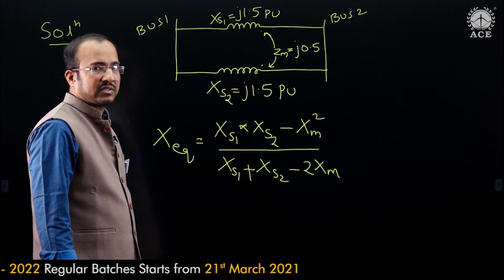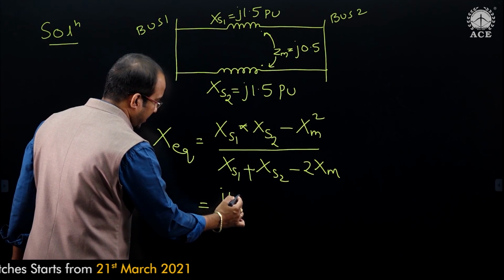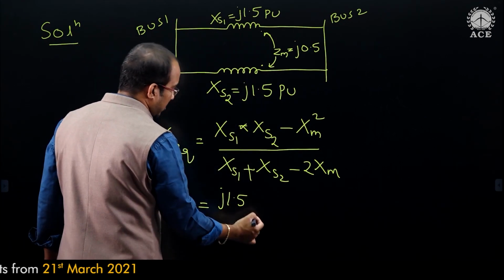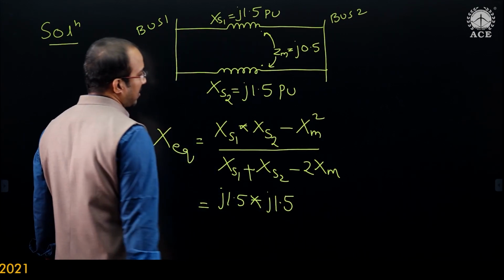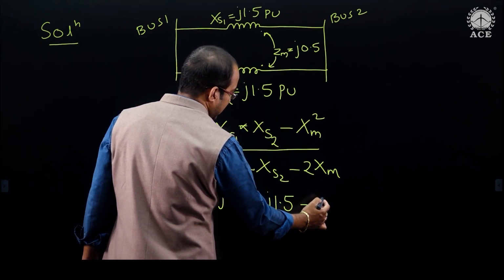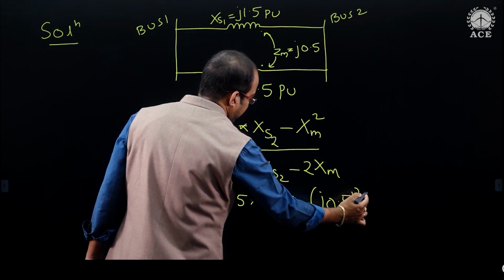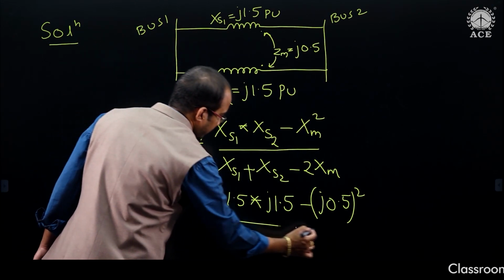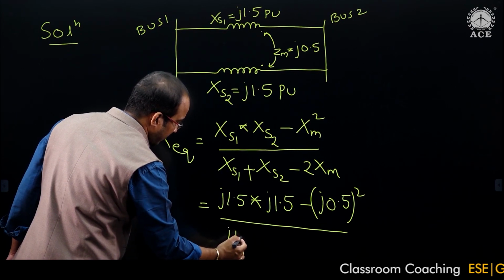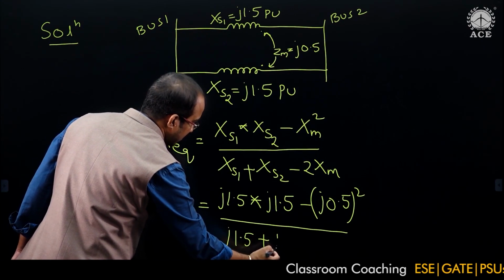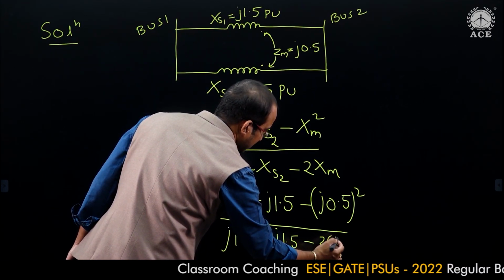Here the self reactance XS1 is J 1.5 per unit, and XS2 is also J 1.5 per unit, minus XM square, that is J 0.5 square, by XS1 plus XS2 minus 2XM, which is J 1.5 plus J 1.5 minus 2 into J 0.5.